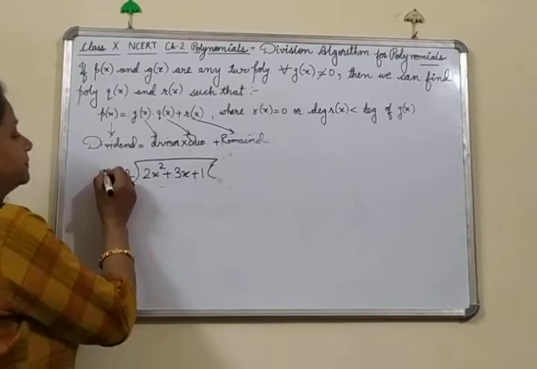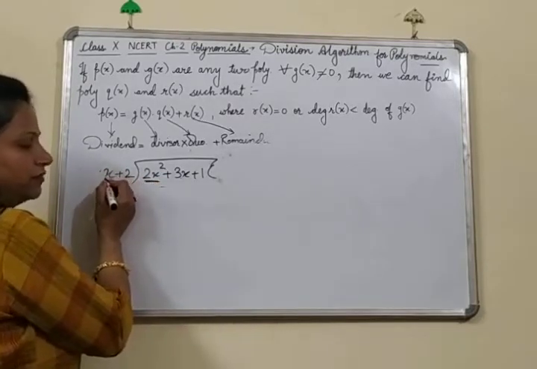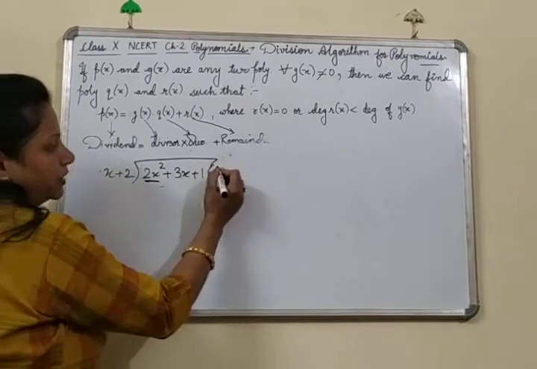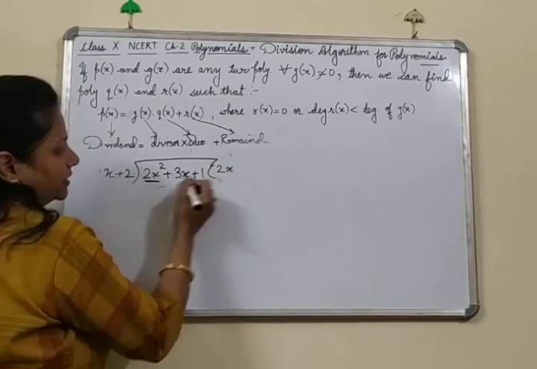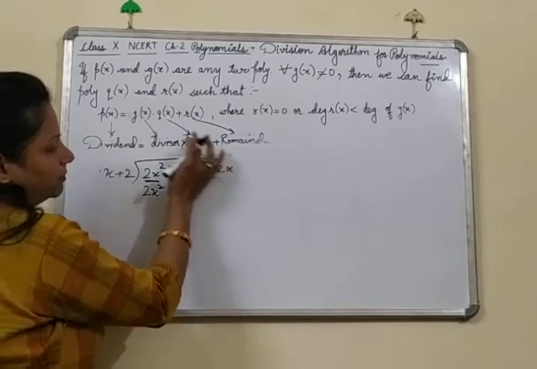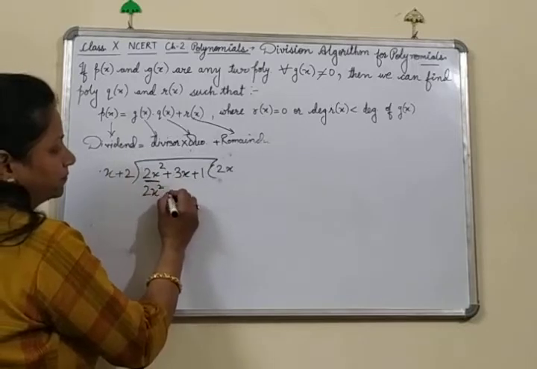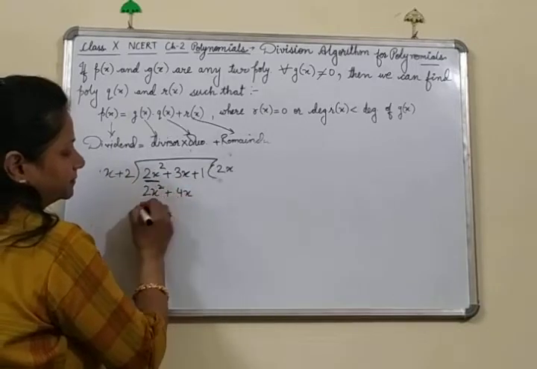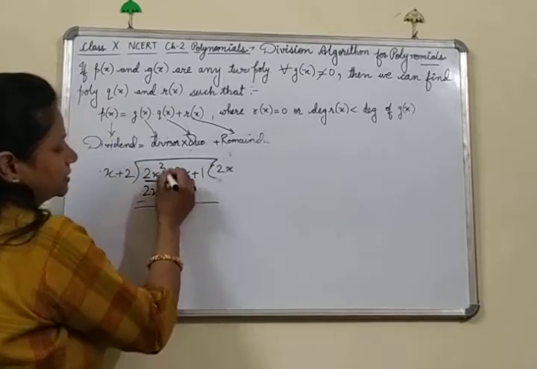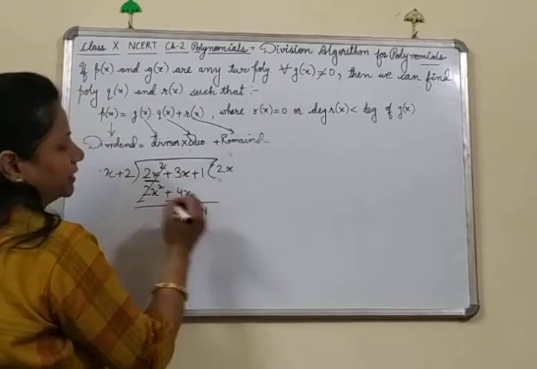Just see once again. With what we will multiply this x so that we can get 2x square? This is to be multiplied with 2x. Then we get 2x square. Now whatever is the quotient will be multiplied by the second term of the divisor. So 2x into 2 will be 4x.